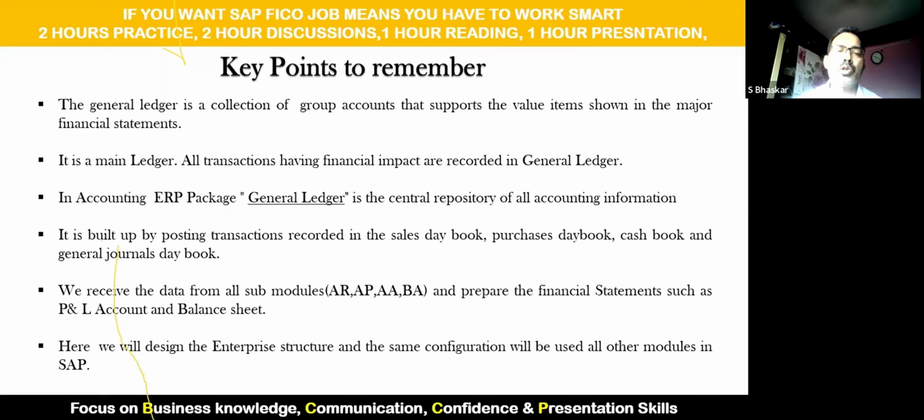It is built up by posting transactions, recording the sales day book, purchase day book, cash book, and general journals. We receive the data from all submodules, AR, AP, AA, bank accounting, and prepare financial statements such as profit and loss account and balance sheet. Here we will design the enterprise structure, and the same configuration will be used for all other modules in SAP. These are the key points which we need to learn from general ledger accounting.